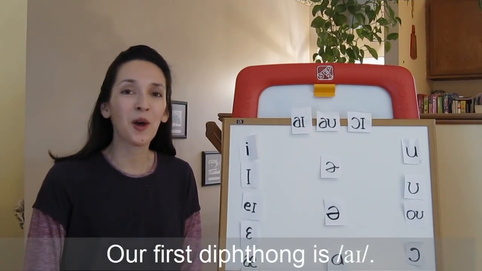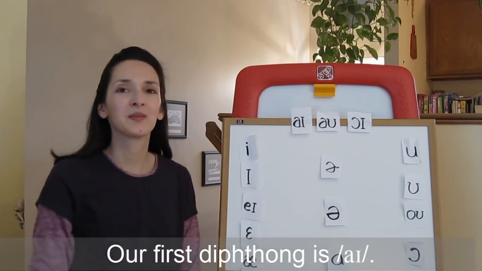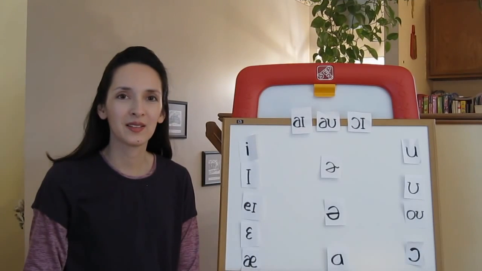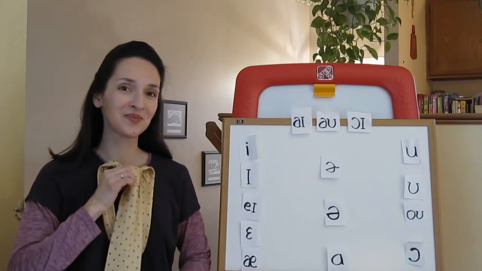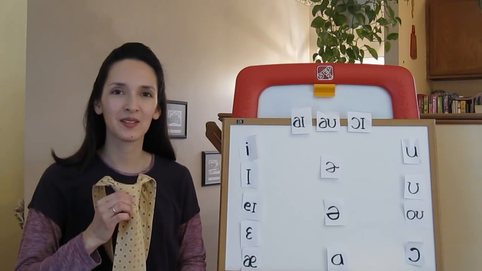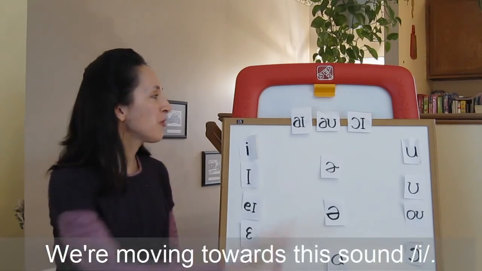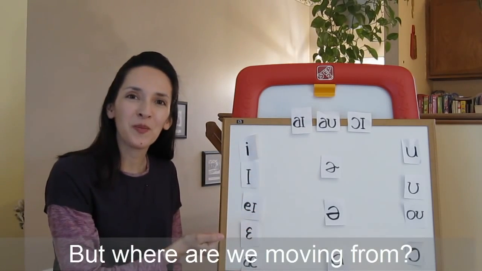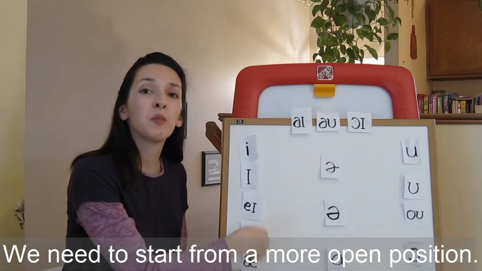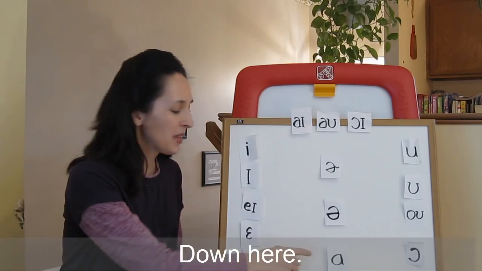Our first diphthong is I, as in tie. We're moving towards this sound, E, but where are we moving from? We need to start from a more open position, down here.